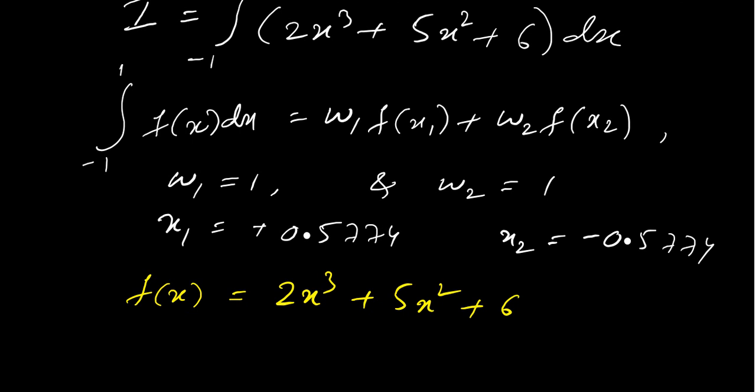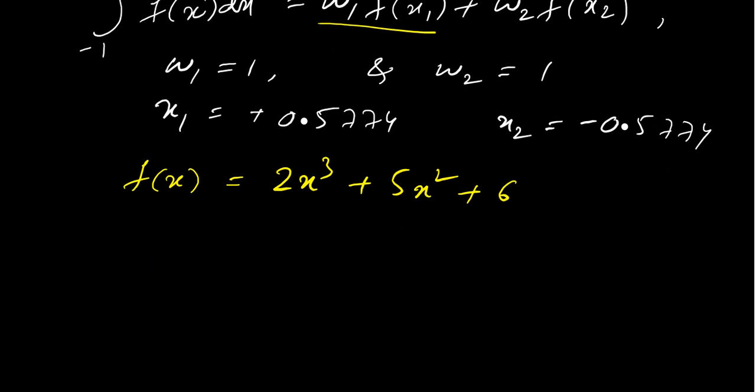First we will calculate w1 f of x1. That is equal to weight 1 into, in the curly bracket, 2 into 0.5774 cube plus 5 into 0.5774 square plus 6, since you have to substitute the value of x.